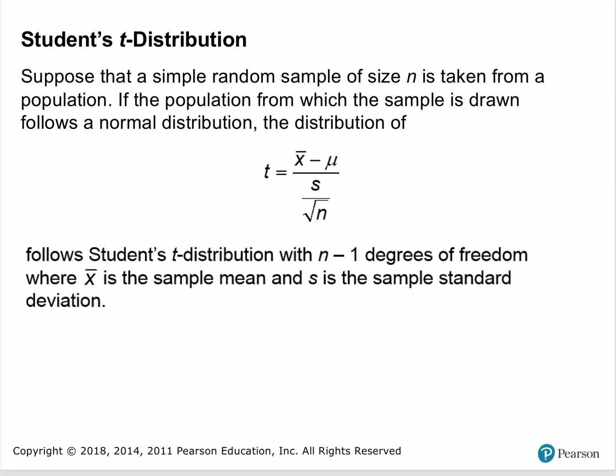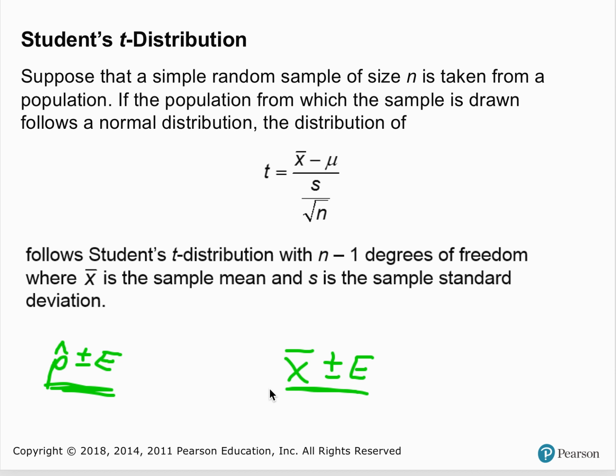Before, our population proportion was basically this for our confidence interval. This time, it's just going to be this. Instead of p hat, our point estimate is x bar.